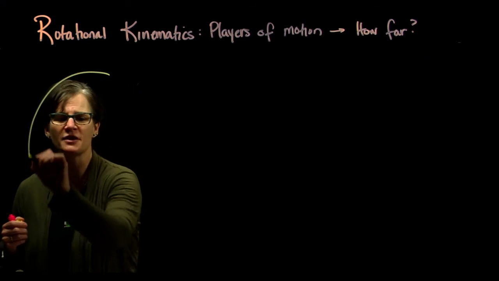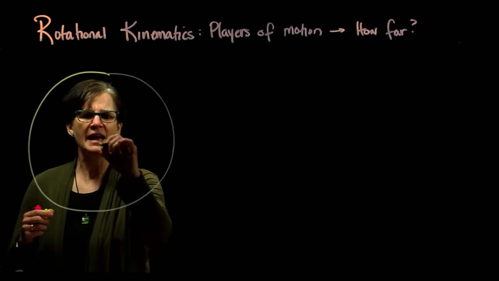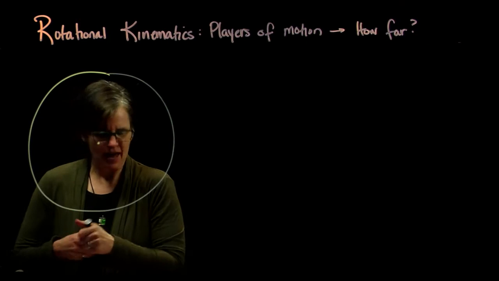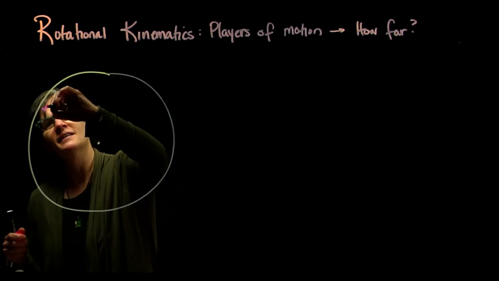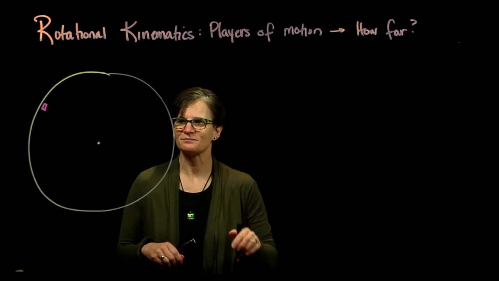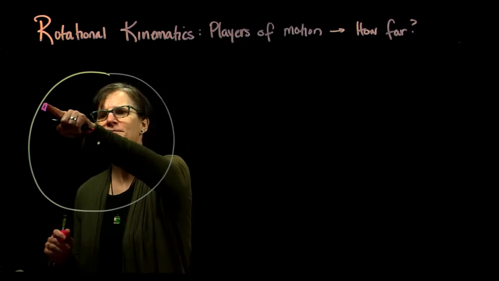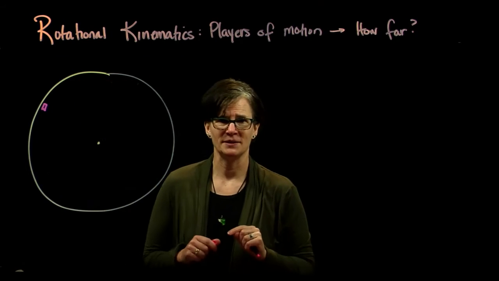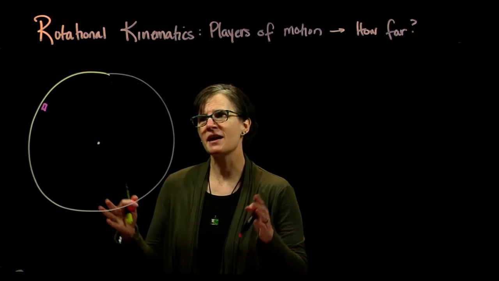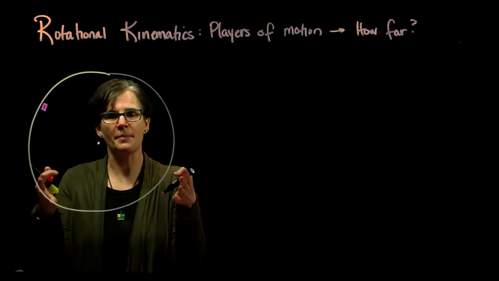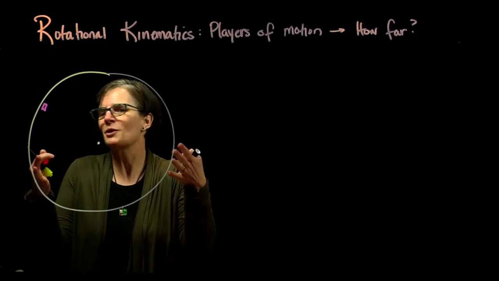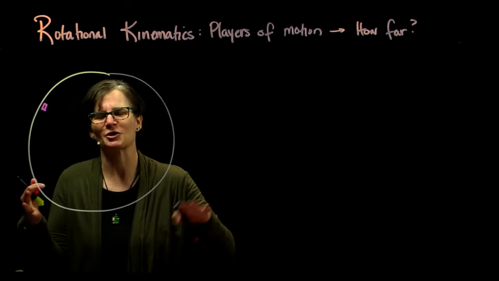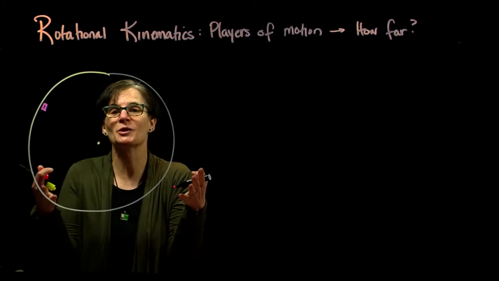So imagine that you have a turntable, and it rotates about the center, and we have an object at the edge of that turntable. As I spin the turntable, the object rotates about that point. If I start to spin the turntable and stop it, the object has motion in a circular, rotational way.